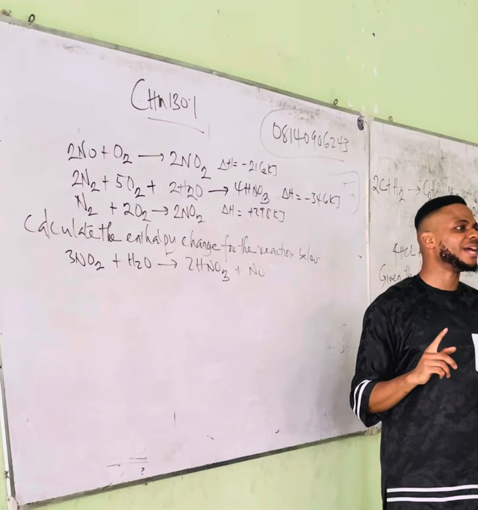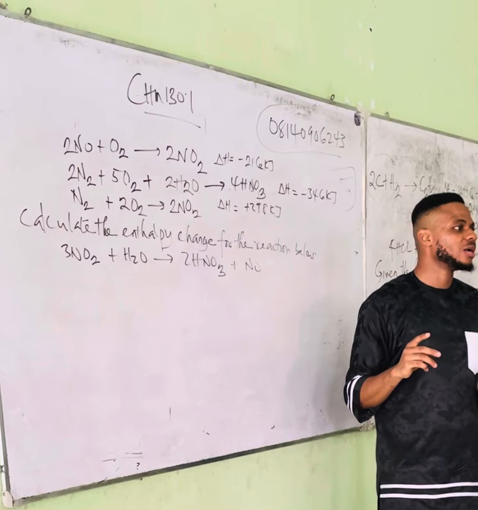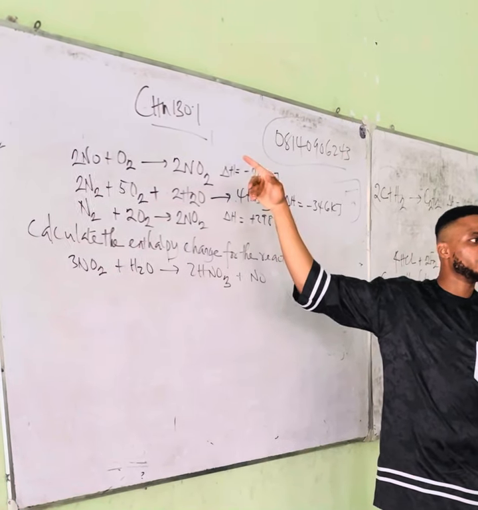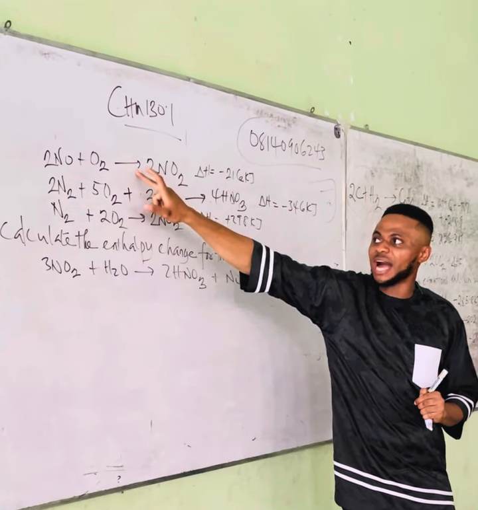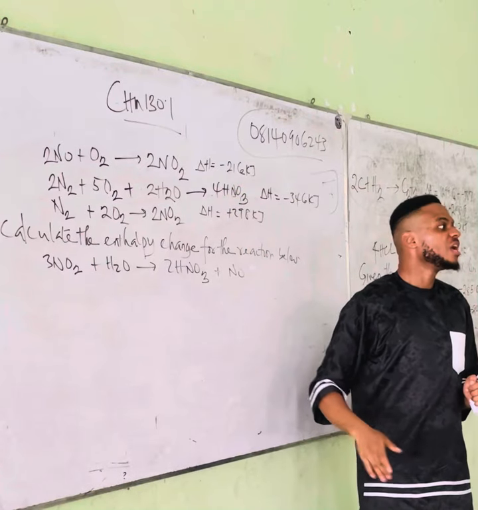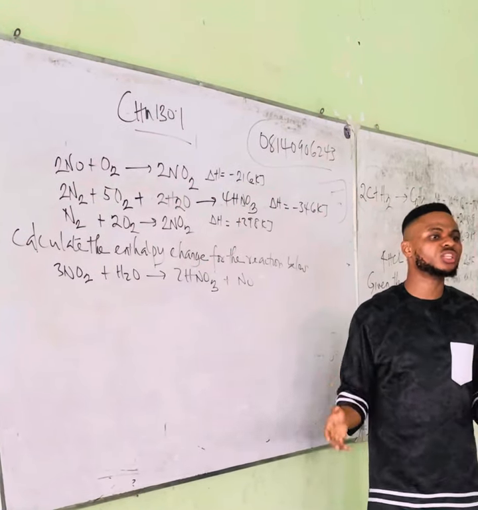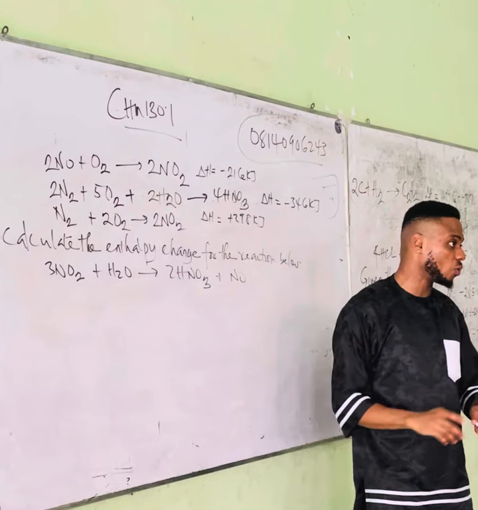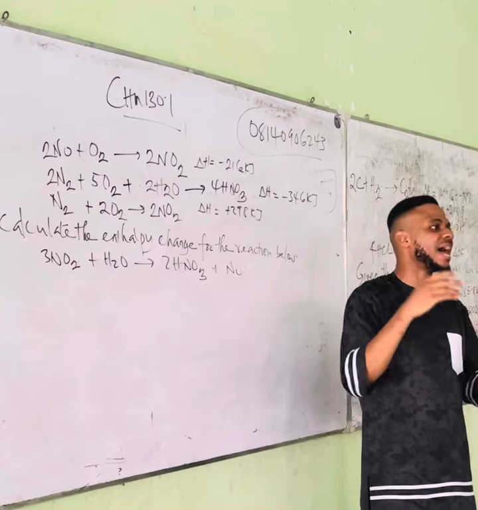You rearrange by checking the entities on the first reaction that you will not see on the second or the third. If it's the second, check for the entity that you will not see on the first or the third. If it's the third, check for the entity that you will not see on the first or second. Check for that entity that you will not find on the other reactions.